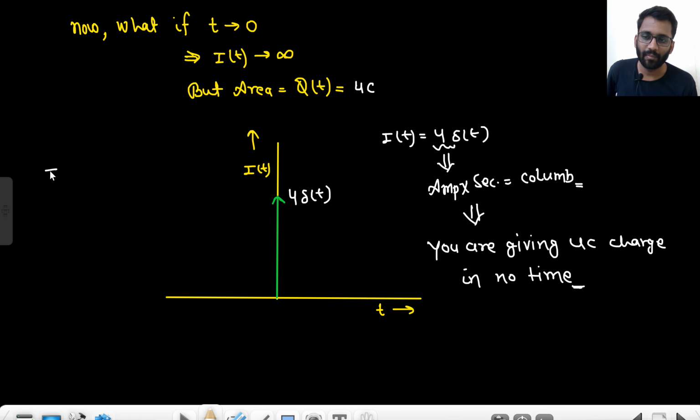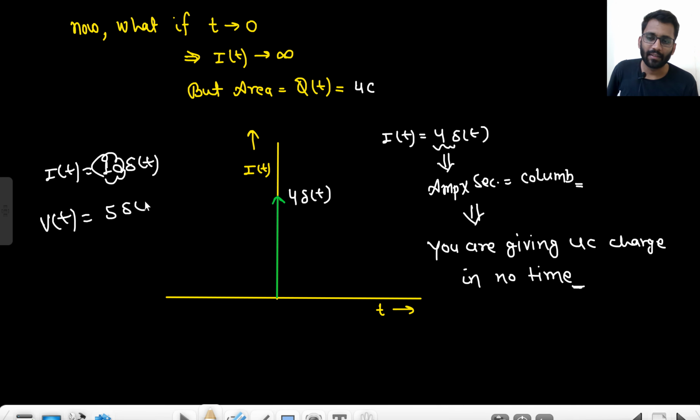If I am saying my I(t) is 10 delta(t), that means I am giving 10 coulomb charge in no time. If I am writing my V(t) is 5 delta(t), what does that mean? Just think about it. I have told you one thing, EMF is equal to d phi by dt, that means voltage is equal to d phi by dt.